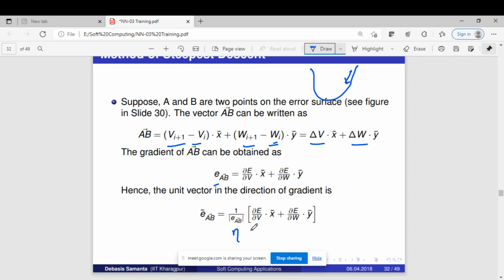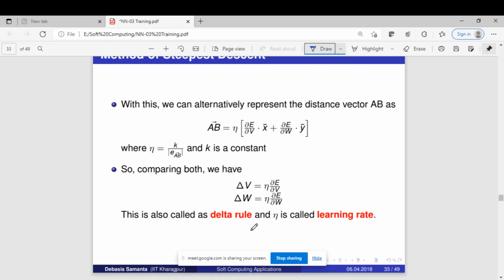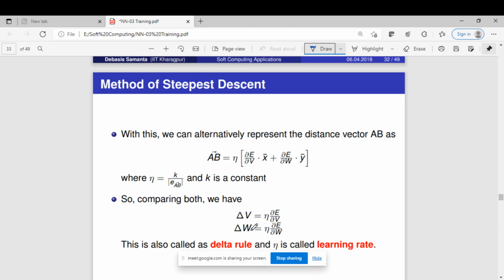So the AB vector equals eta times the vector, where eta is equal to k by EAB. Actually it is 1 by EAB, but you can also add some other constant k. This k is also one of the design parameters. Everything we are doing is because we want to reduce the error, so maybe it's not always 1.